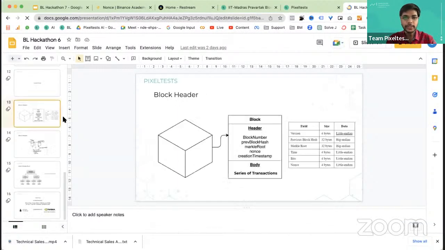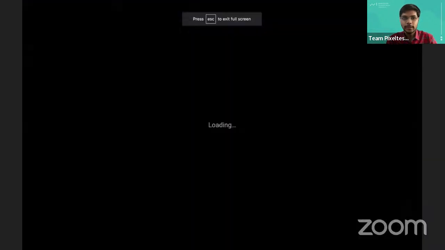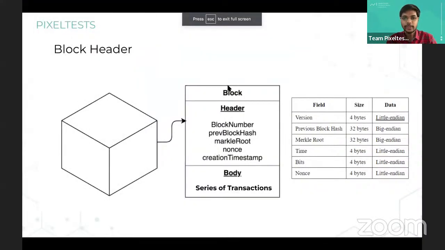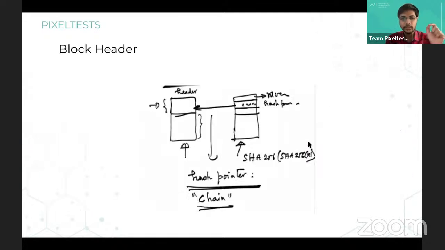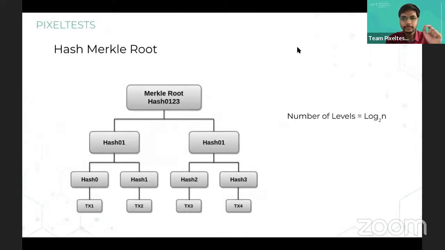In our previous hackathon, we saw that whenever a new block is created, there is something called a header, and this header is 80 bytes. These are all the elements included in that header. In the previous session, we understood what the Merkle root is, which is based on the transactions' hashes.